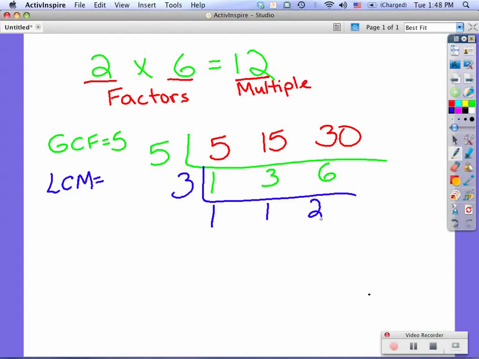No. I'm done. Does this mean now that I have another 3 there that my GCF is now 15? Your GCF cannot be 15 because that would mean that 15 would also go into 5. And would that work? No. Remember, you stopped at GCF a long time ago. But now we have the LCM.